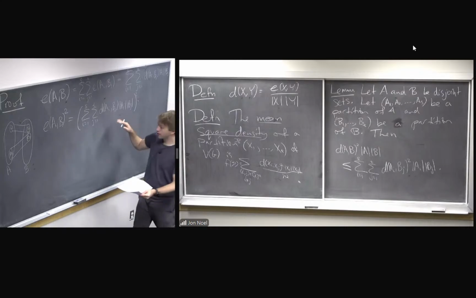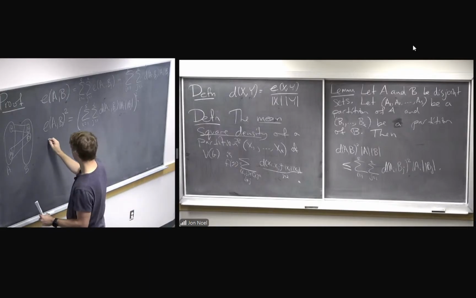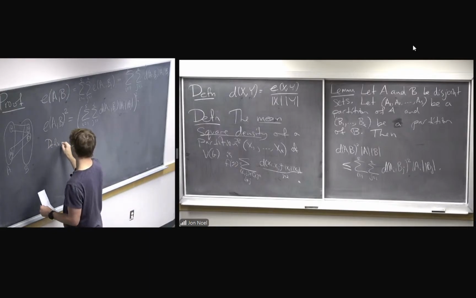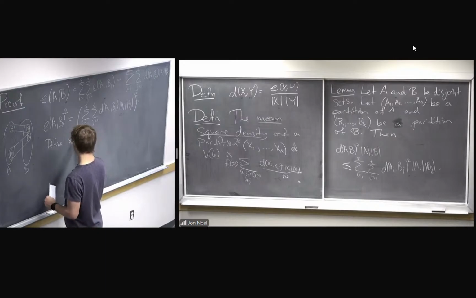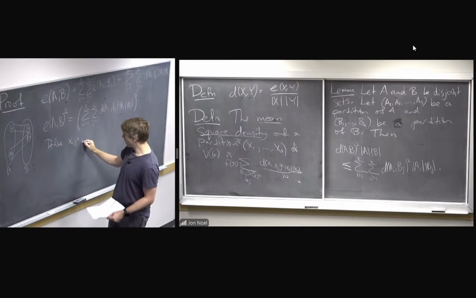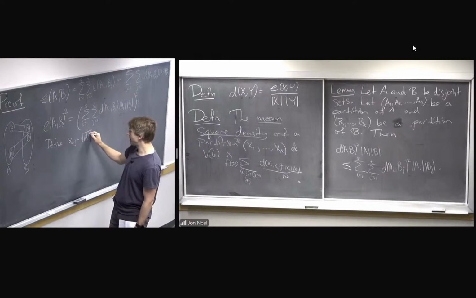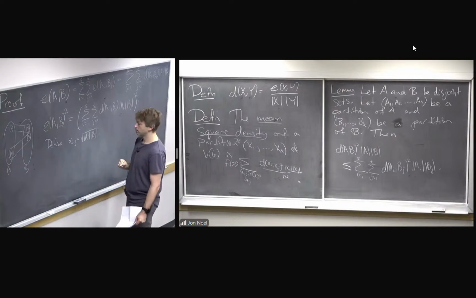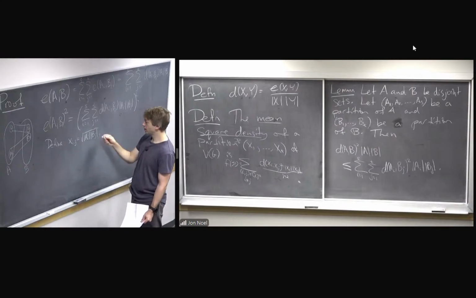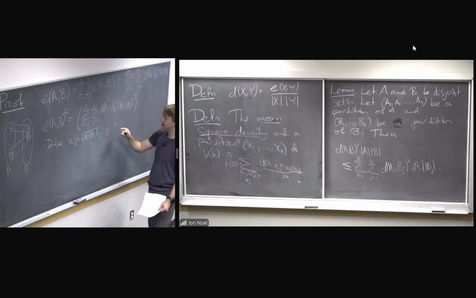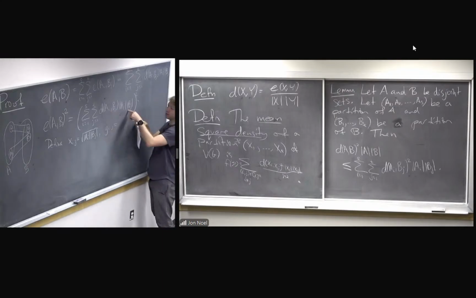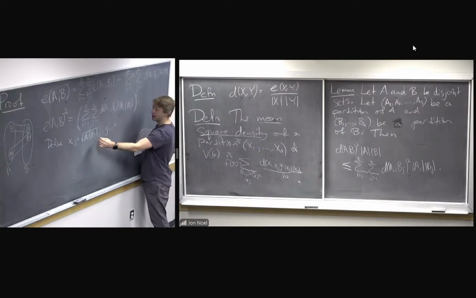So I'm going to define some variables. For each i and j, define xij to be the square root of the size of Ai times the size of Bj. So just a number. And yij is the rest of what's here. Imagine I want to write this as xij times yij.